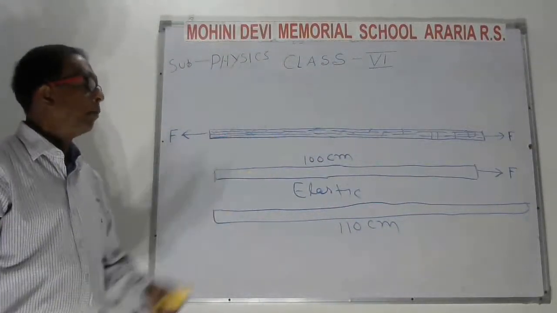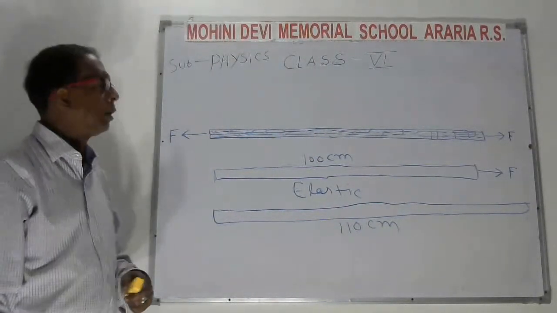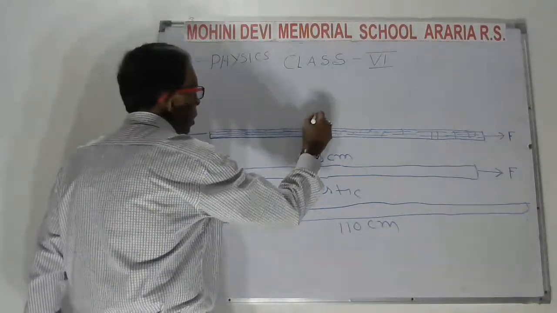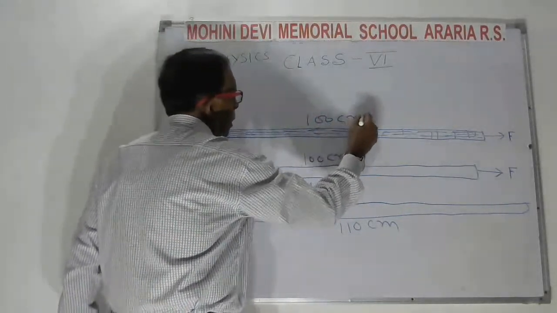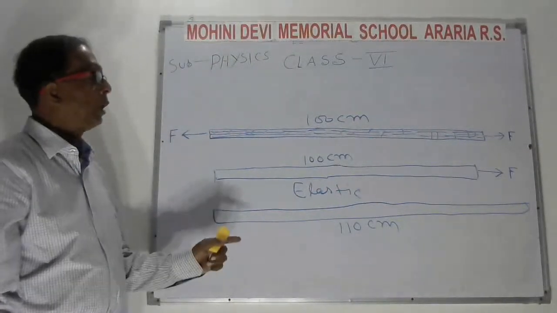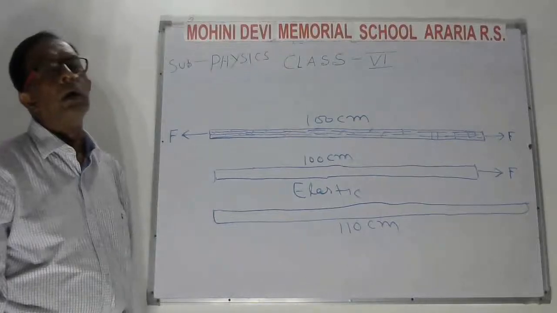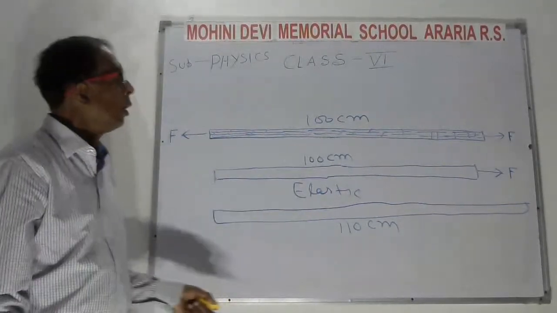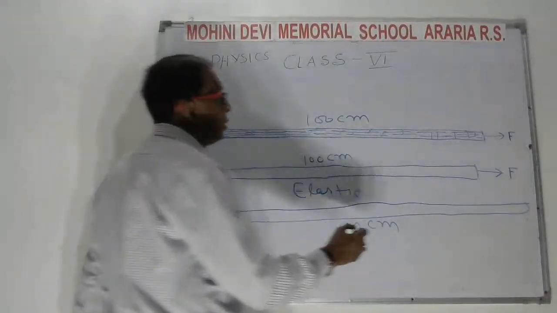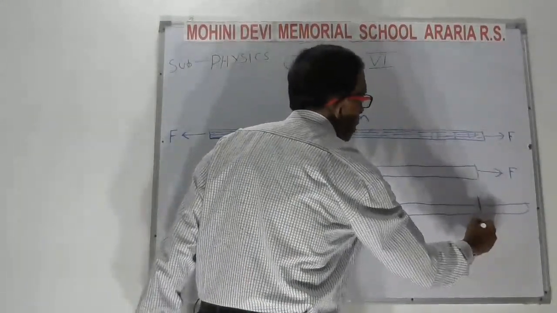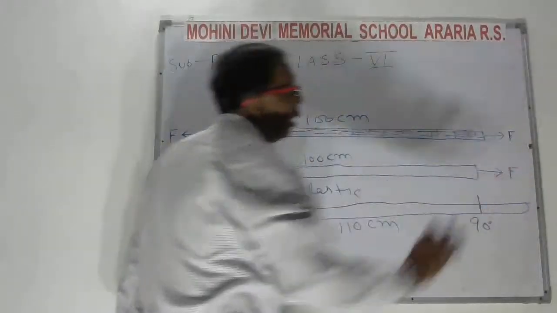Then during the measurement of an object, if the object is actually 100 centimeters but you use this elastic tape, you say that the length of that object is 110 centimeters. No, its length is 90 centimeters, because the 90 comes here and 10 centimeters goes outside.